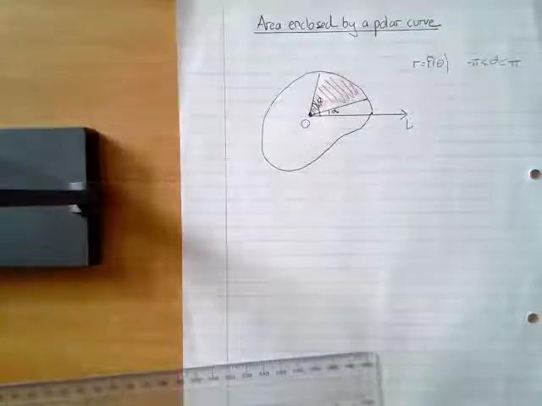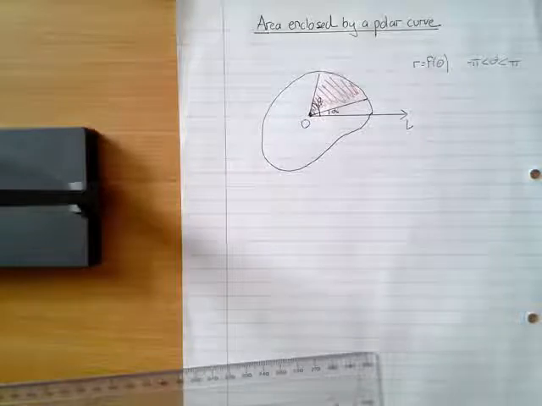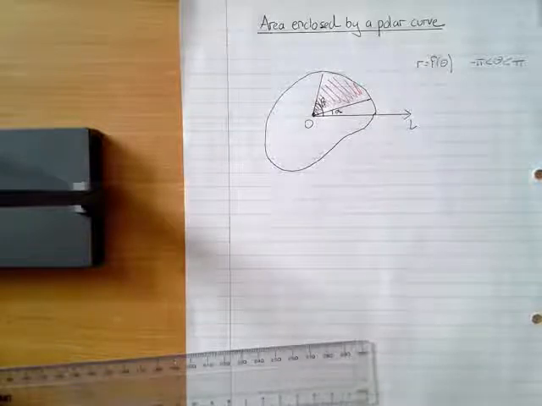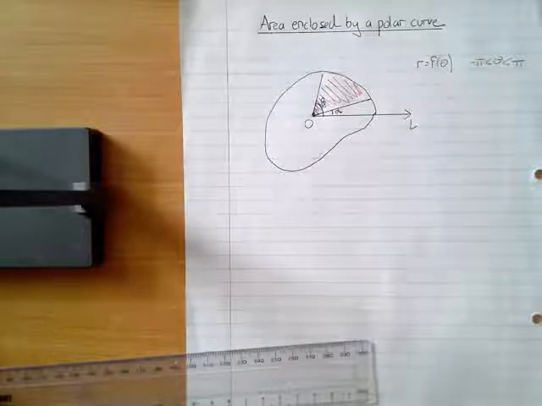Now, suppose I haven't got to A level yet, and I don't know what integration is. I don't know what differentiation is. I don't know any of those fancy things. And I'm just going to use my basic GCSE maths to find an estimate for the area inside that section there.